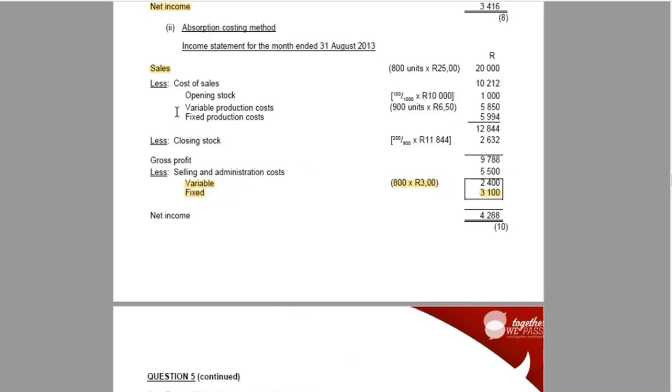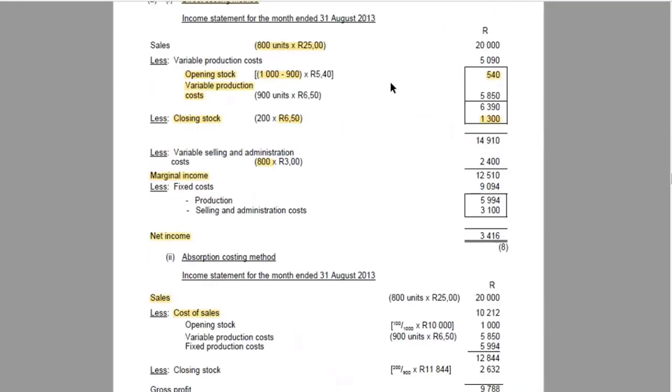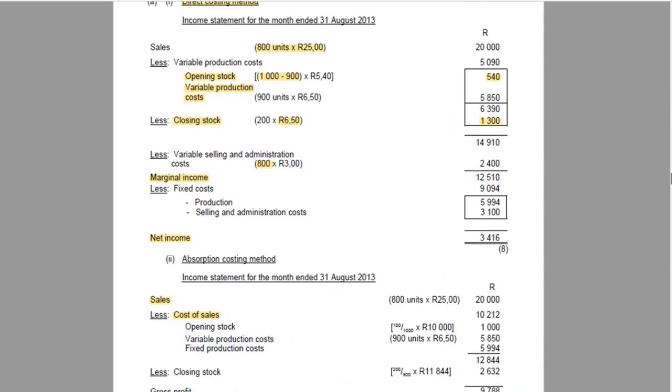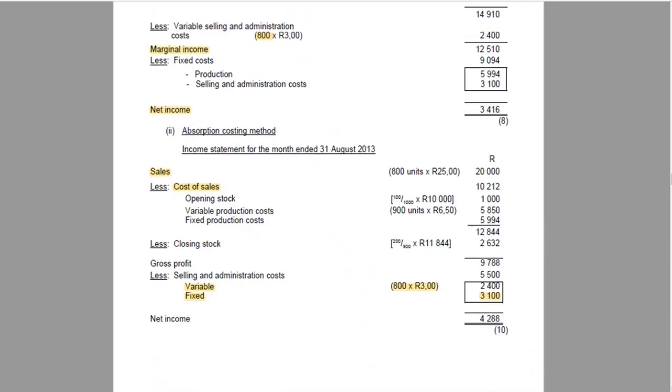Then the next one is that you need to do your cost of sales. See how different it looks, remember I told you that you must illustrate the differences. Under the direct costing method, they say less variable production costs. And under absorption costing, it says less cost of sales. So that's also something to note.